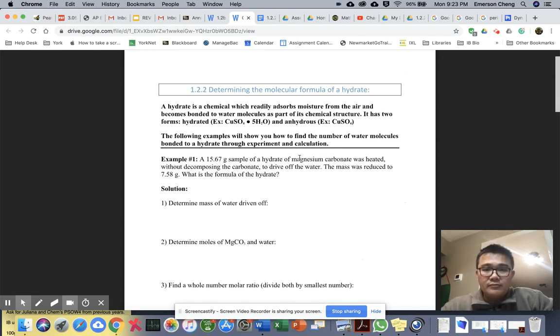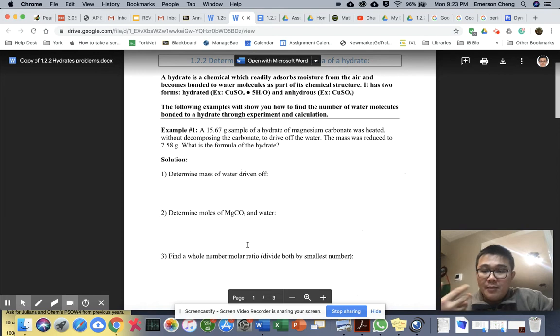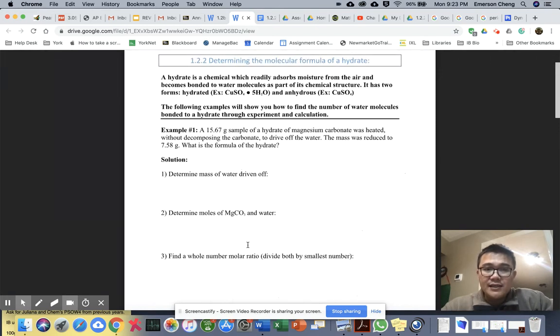In terms of how you do the calculations, I believe I've gone over this example with you before. The game plan is you find the mass of the water driven off. You essentially just take the initial mass minus the final mass.